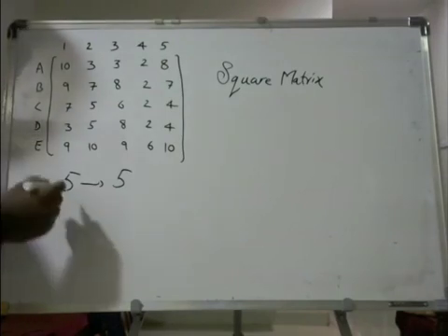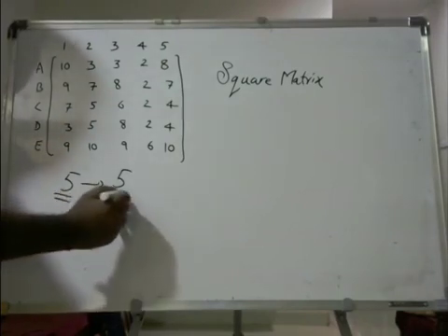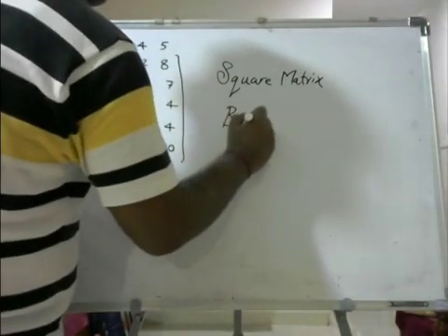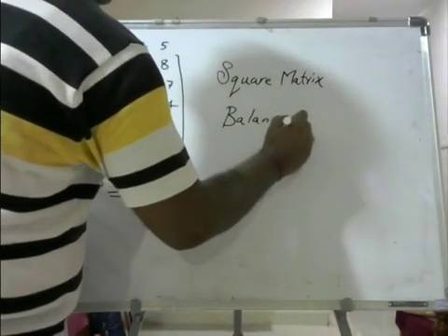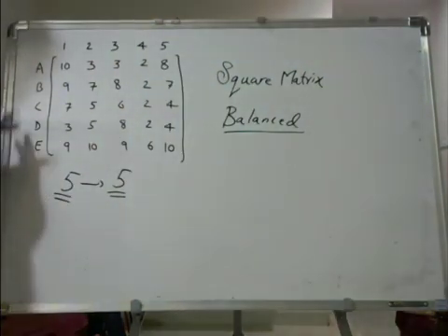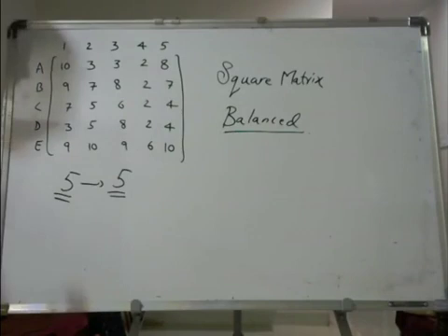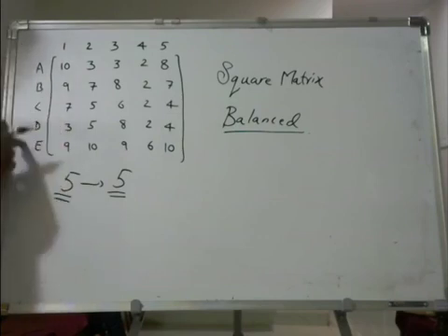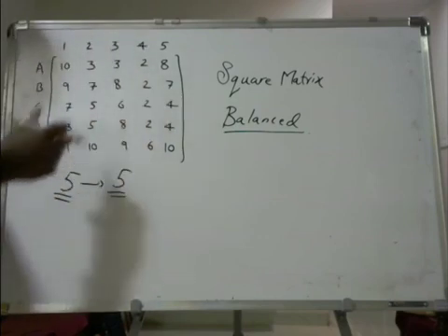So the number of rows is 5 and the number of columns is 5, hence it is called a balanced assignment problem. If the number of rows and columns are not equal, then it is called unbalanced.